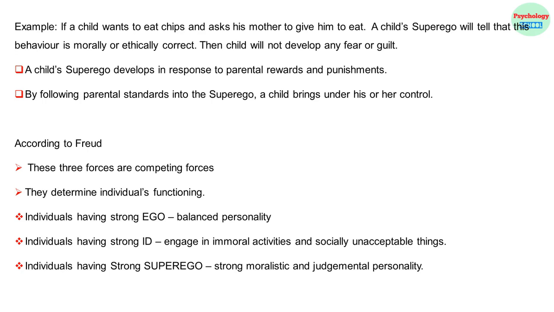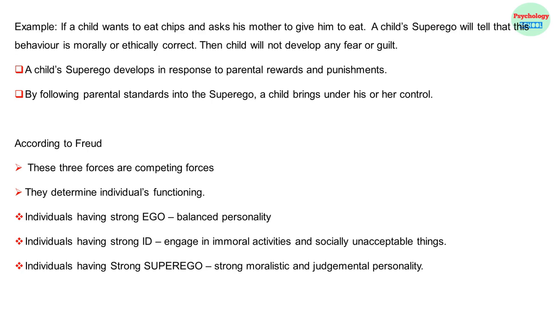So the child's superego develops in response to parental rewards and punishments. Initially, parents control their children's behavior directly through reward and punishment. And by following parental standards into the superego, a child brings behavior under his or her control. So superego does not only postpone the gratification, it tries to block it permanently.